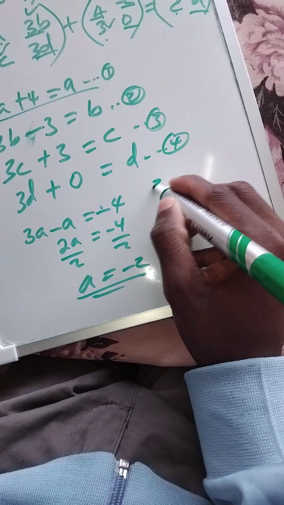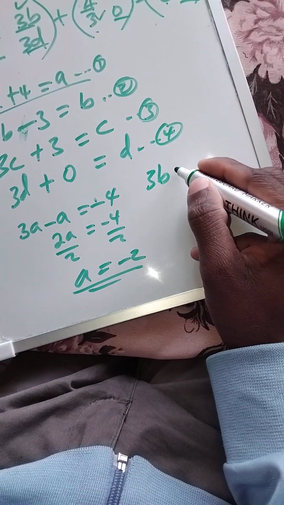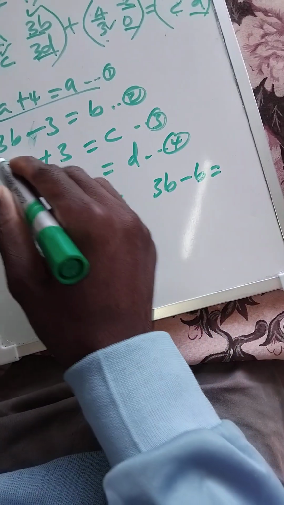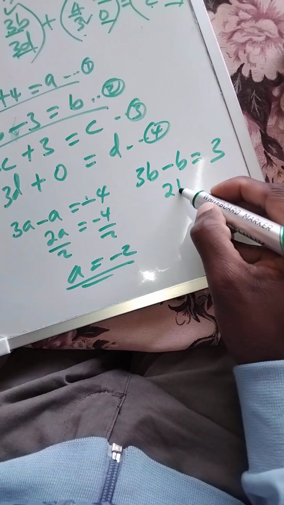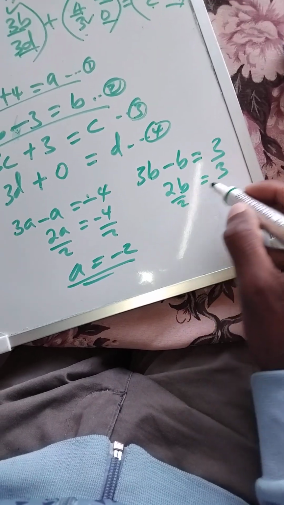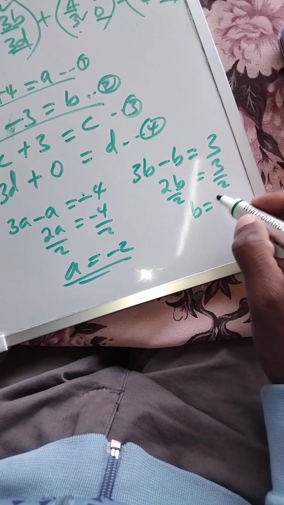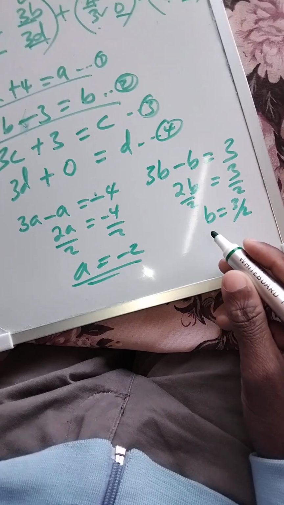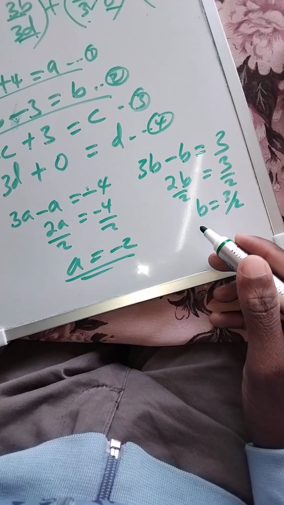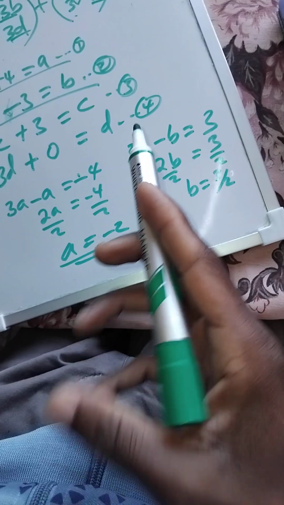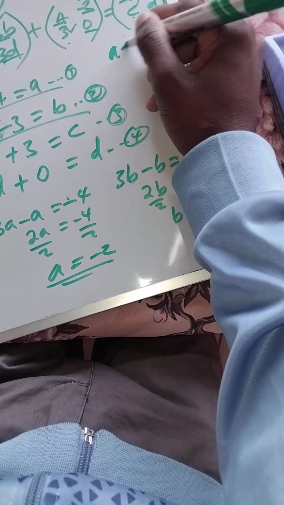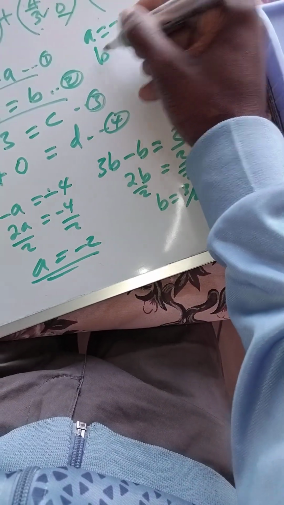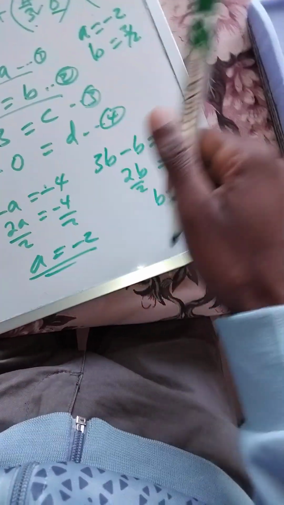Then 3b minus b is equal to 2, so 2b is equal to 2, b is equal to 1. That is solved.